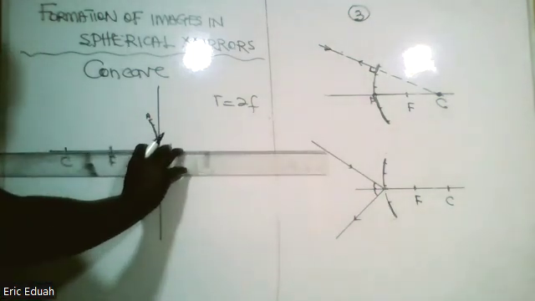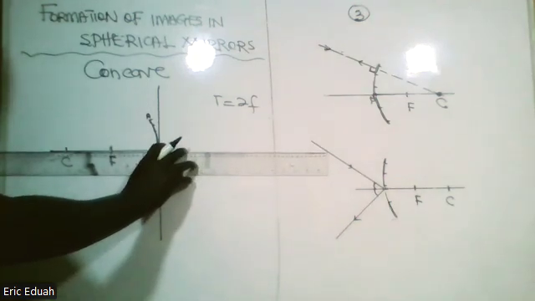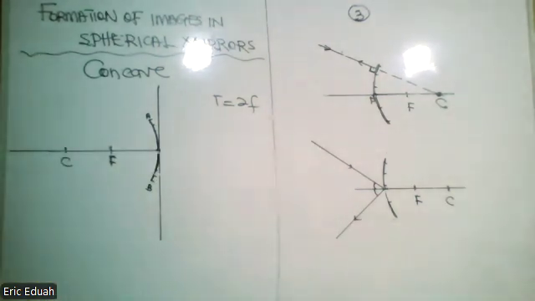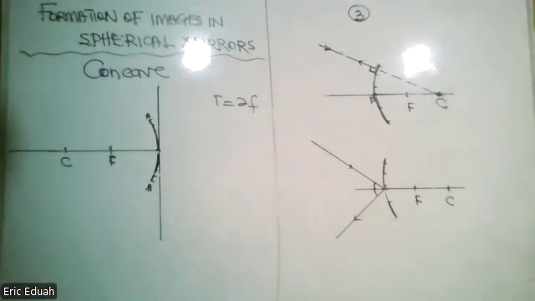Now, any distance beyond the point C means we are looking at the distance between infinity and C. Infinity is an infinite distance.